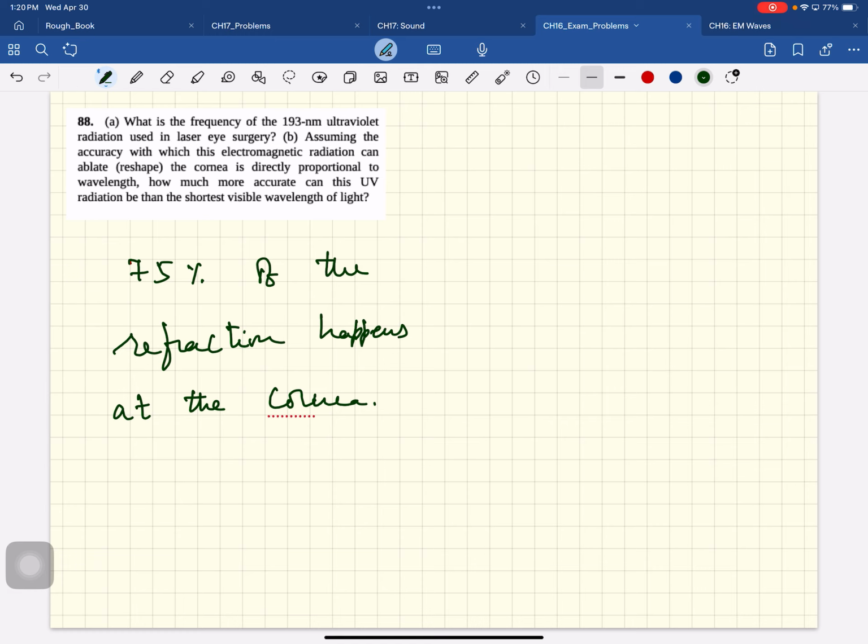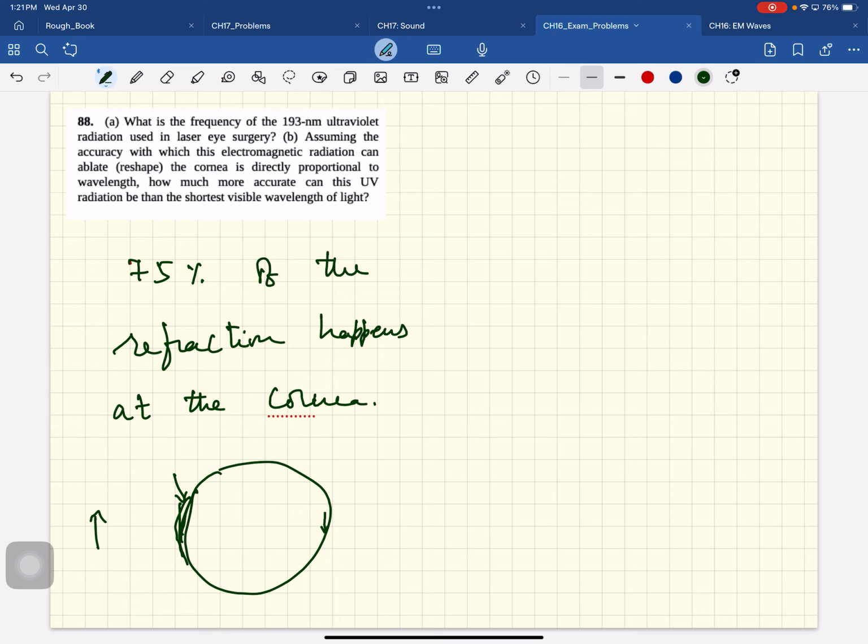And again, why is that? Because it's going from air to salt water. Okay, so here's an object, you're trying to form an image there. Most of the bending is happening at the cornea, so that's where you're going to fix it, since your eye is not focusing on the retina.